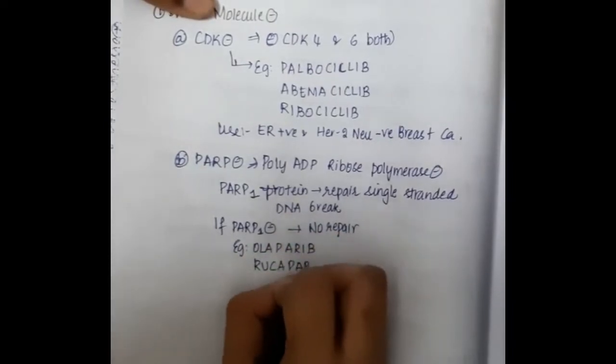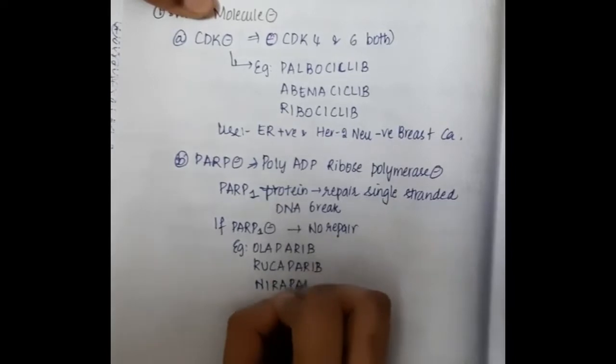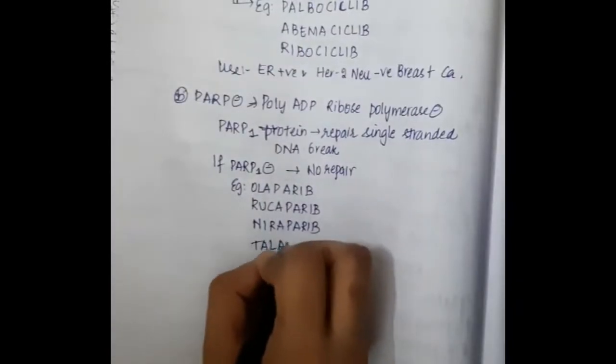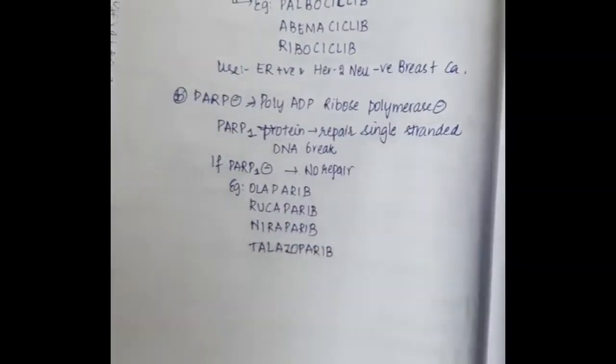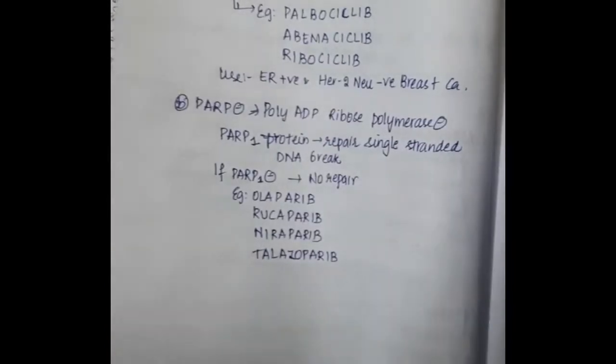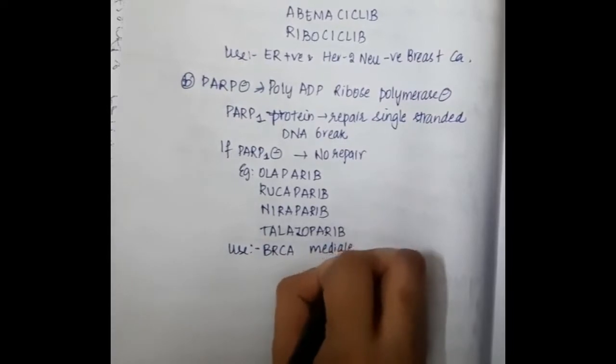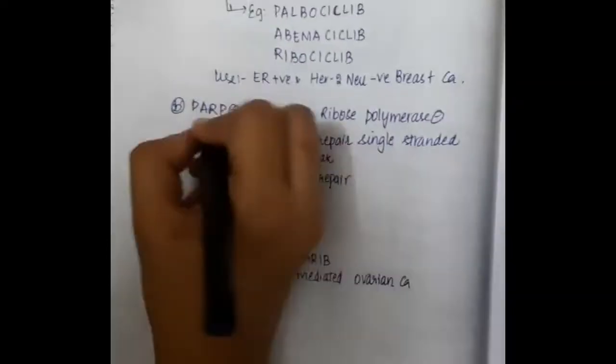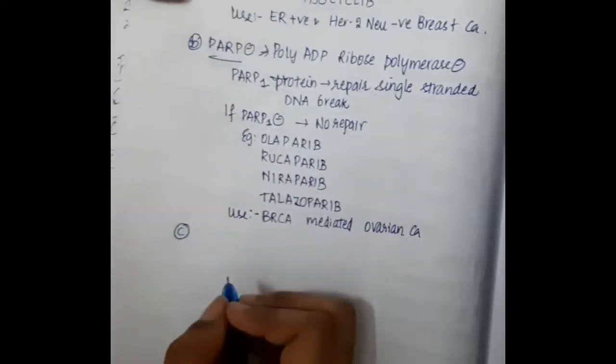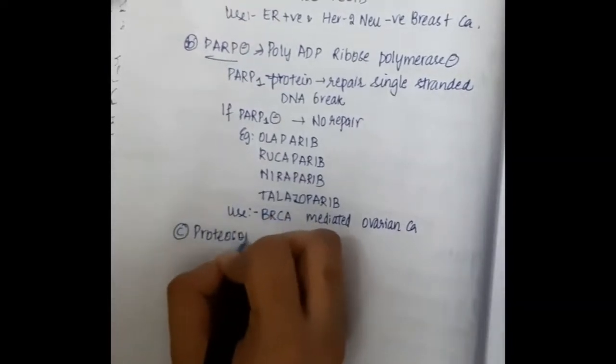Examples are olaparib, rucaparib, niraparib and talazoparib. It is used in BRCA mediated ovarian cancer.